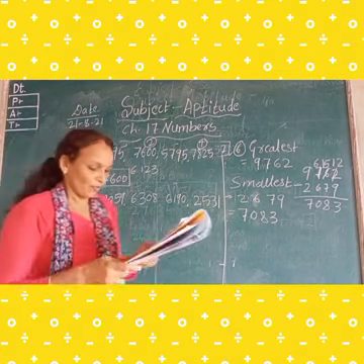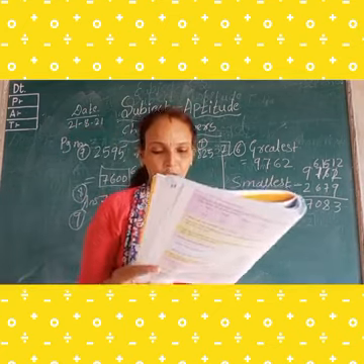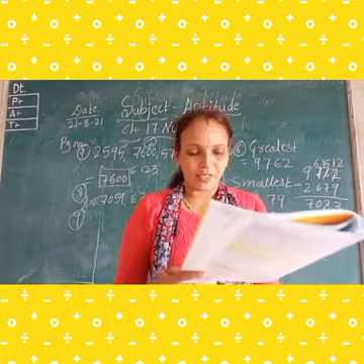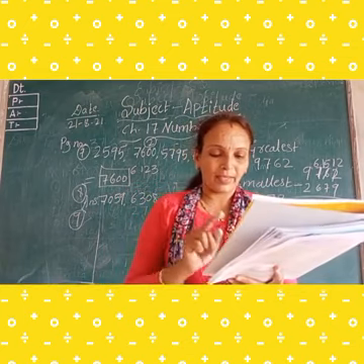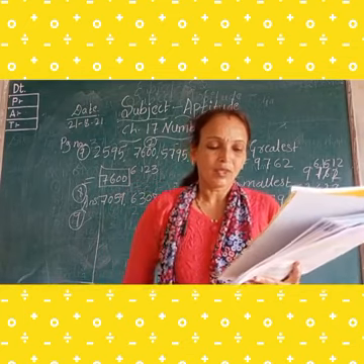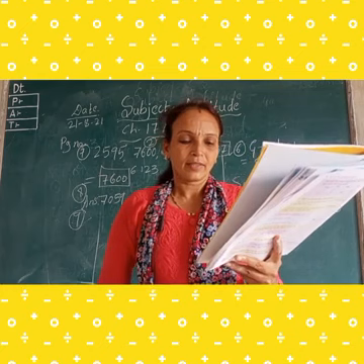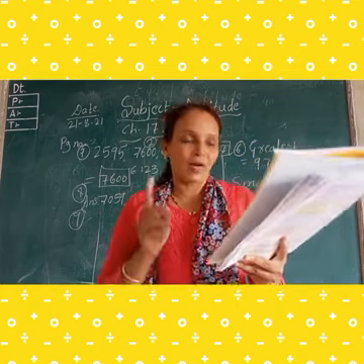Now question number 9. Find the number which is equal to 3 thousands, 2 hundreds and 9 ones.